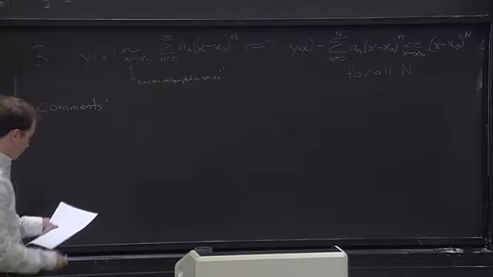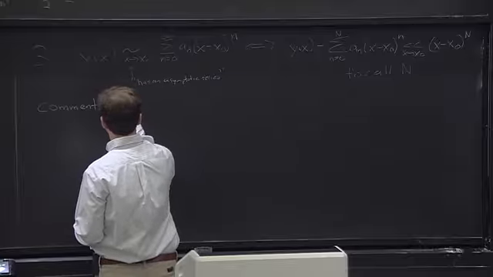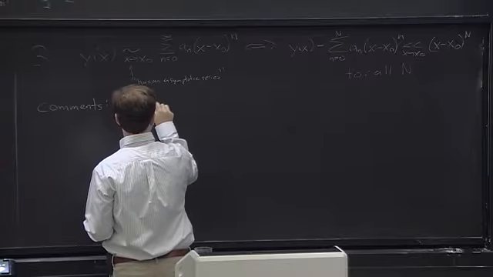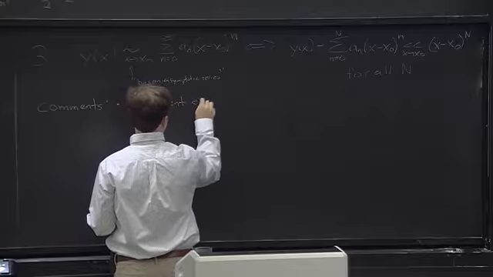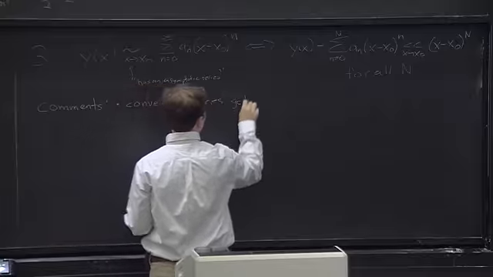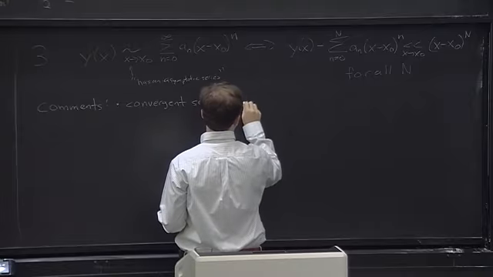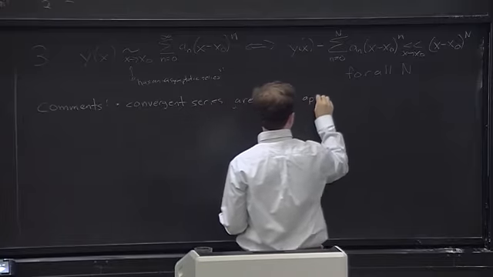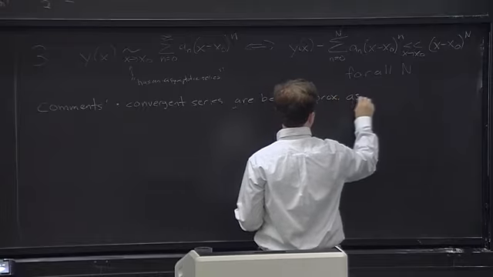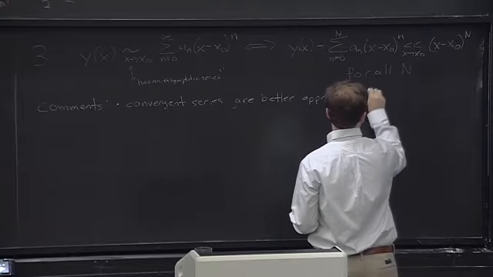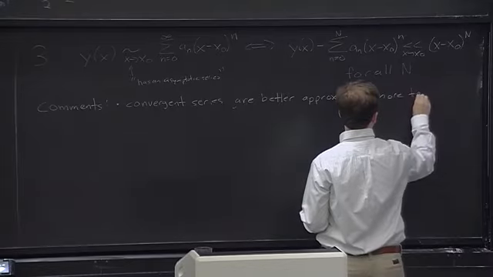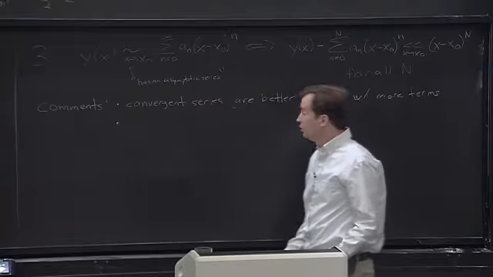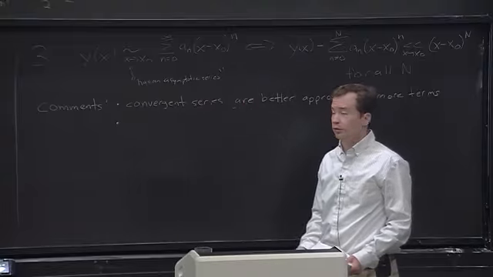So a few comments about asymptotic series. The first comment is that convergent series are better approximations as we take more terms. That is not necessarily true for an asymptotic series.